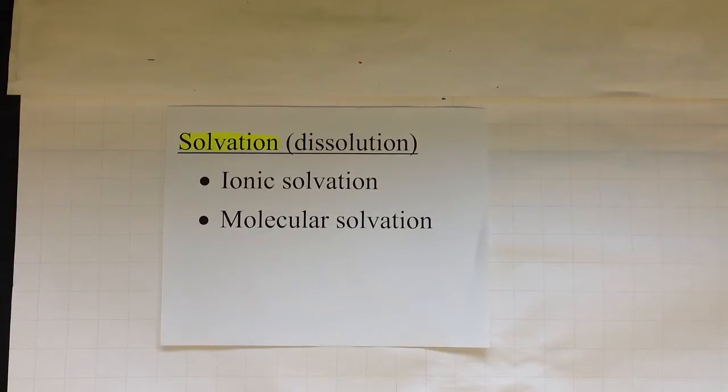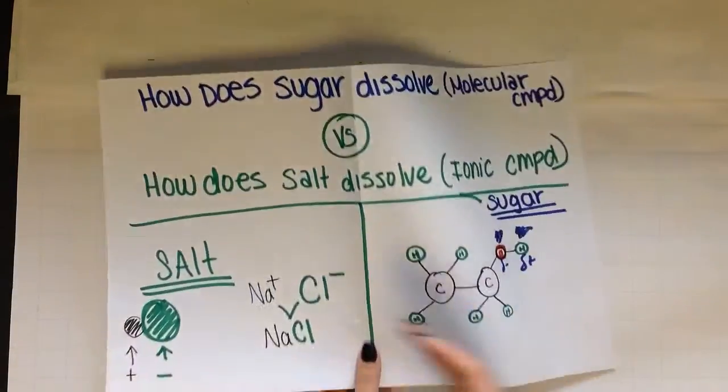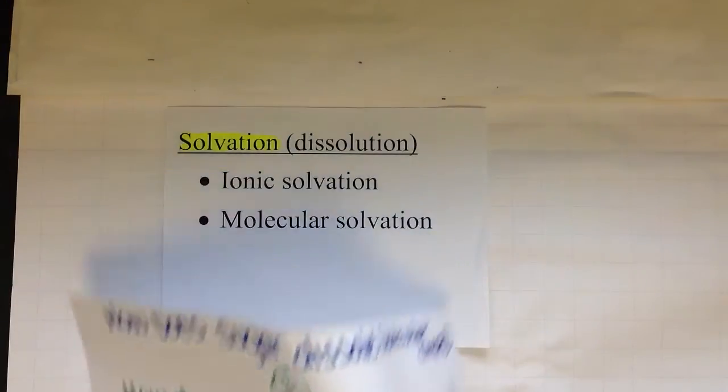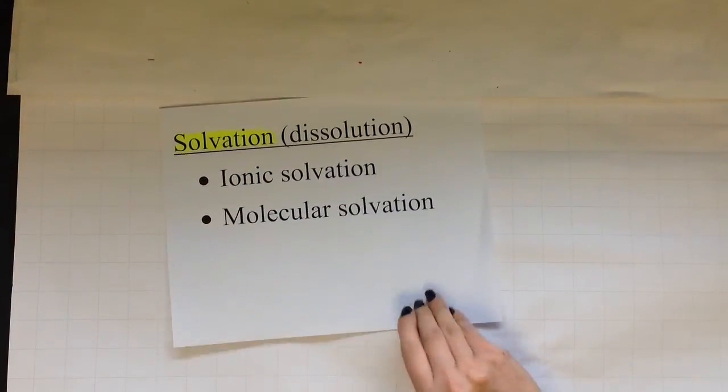Solvation is basically when the solvent surrounds the solute and rips it apart, or pulls it out to the point where it starts to dissolve. There's ionic solvation and molecular solvation. In other words, there are ways that ionic compounds dissolve, and ways that molecular compounds dissolve. We're going to go through examples of that so you can understand.